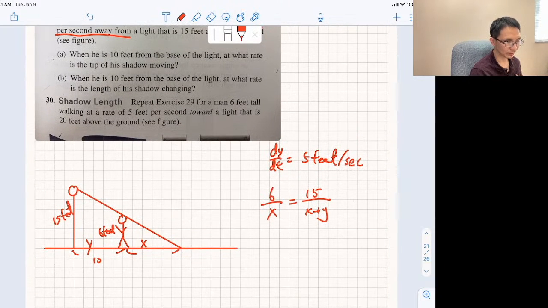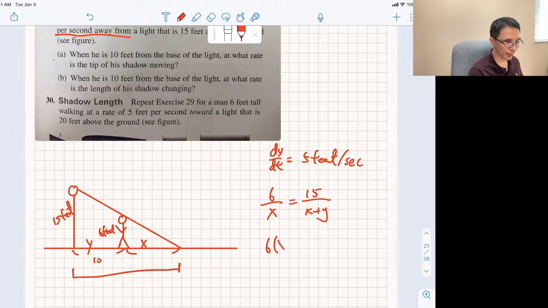The big triangle is 15, so it'll be x plus y. Oh, it's the small triangle, 6 over x over the big x. Okay, I see the triangle.